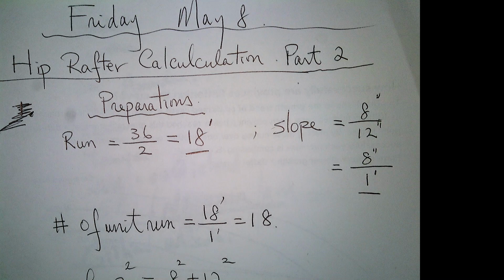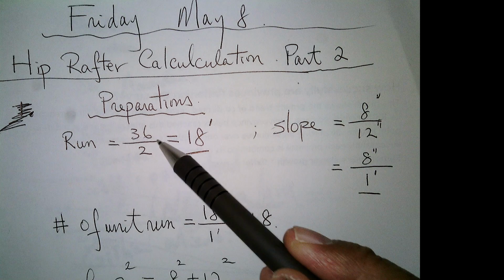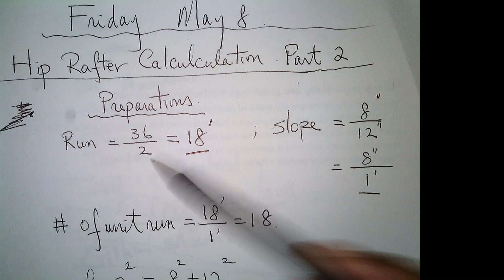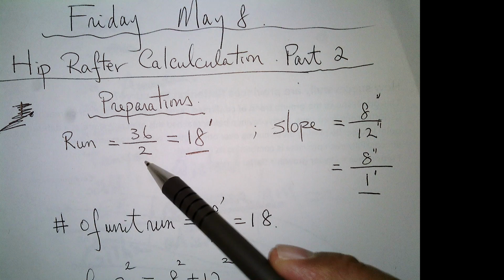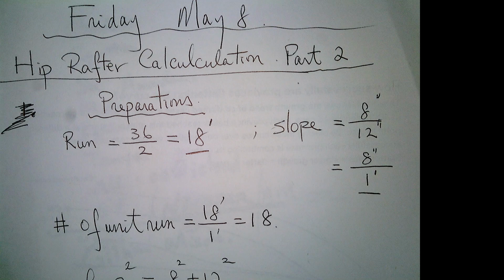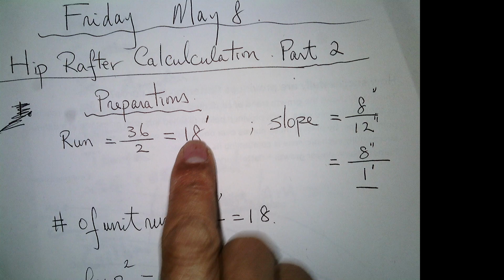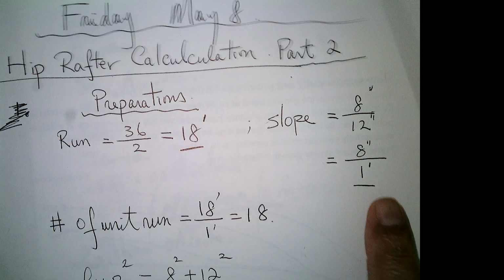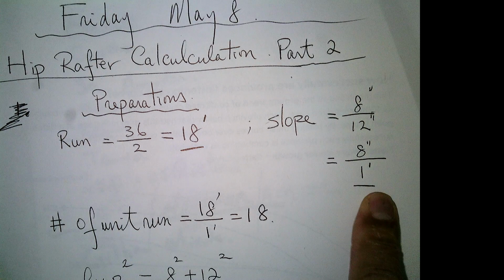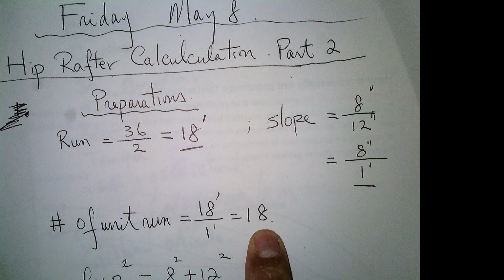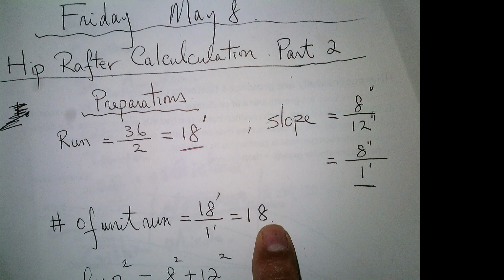So I'm using the run, the span, to calculate the run of the house, which is 18 feet because that's the midpoint. So the midpoint is 18 feet from both sides. The slope is 8 inches over 12 inches. You see, 18 is 18 times 1, so that gives us the unit of proportion. All sizes are increased by 18.